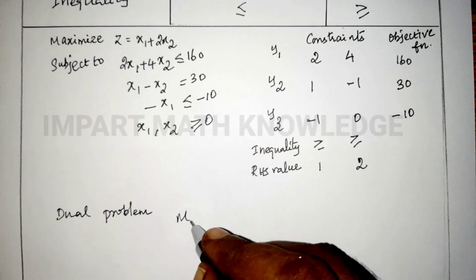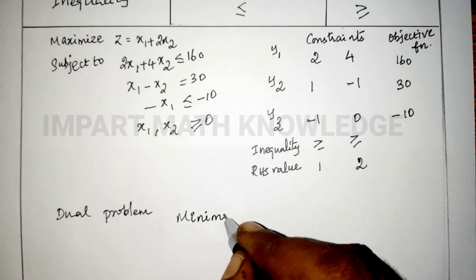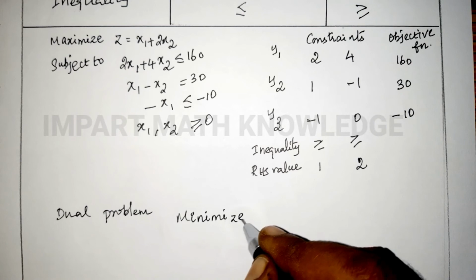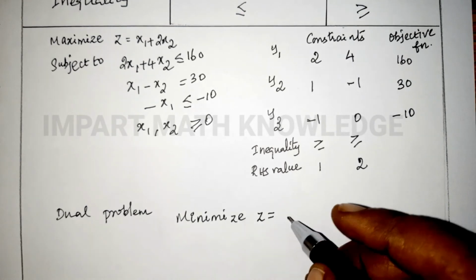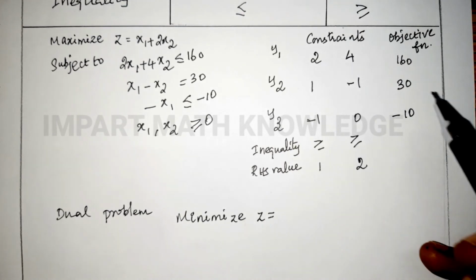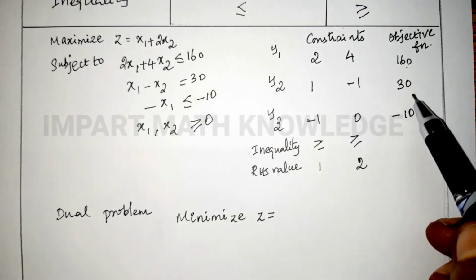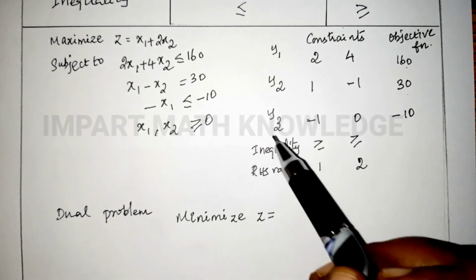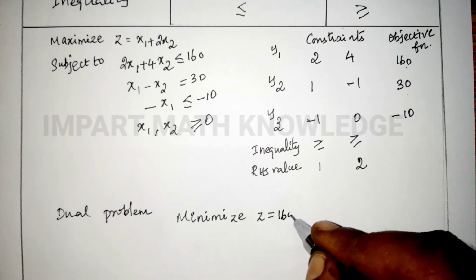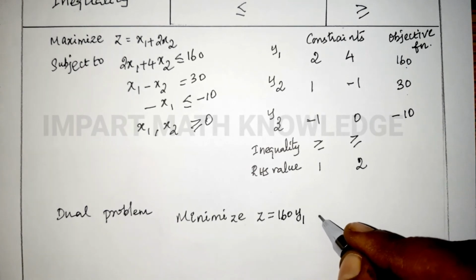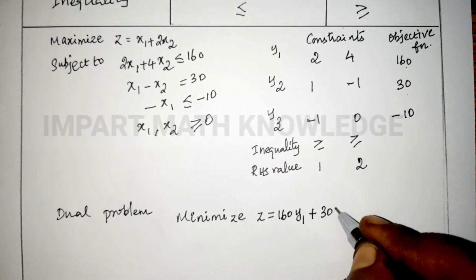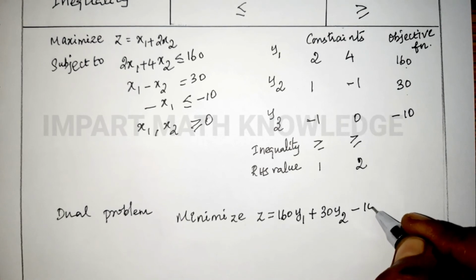The dual problem is: minimize Z equals 160 y1 plus 30 y2 minus 10 y3.